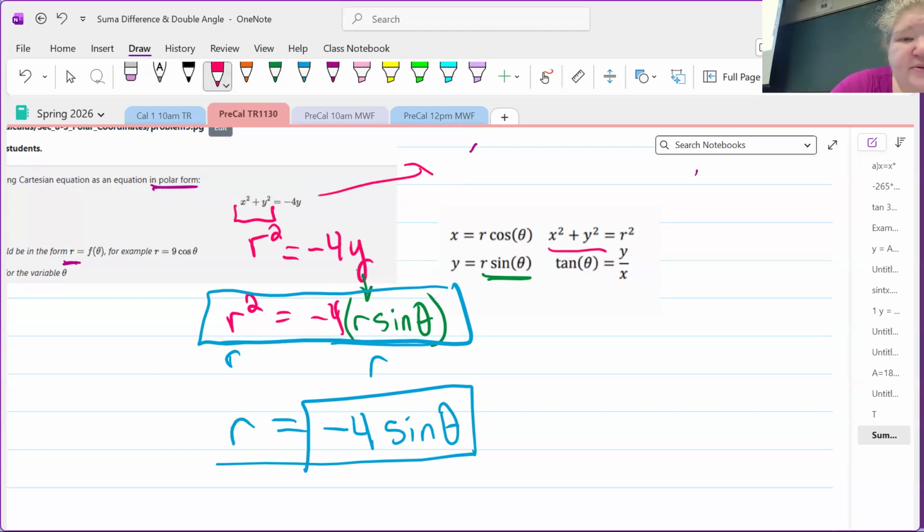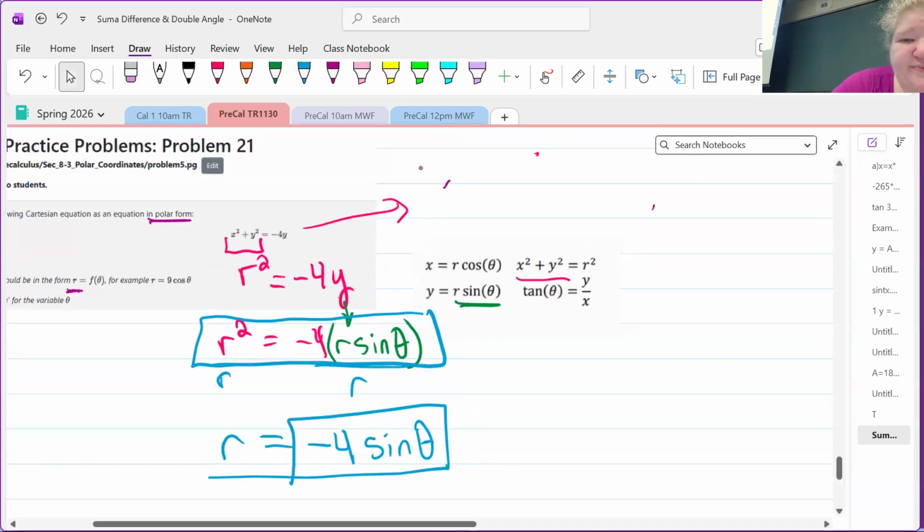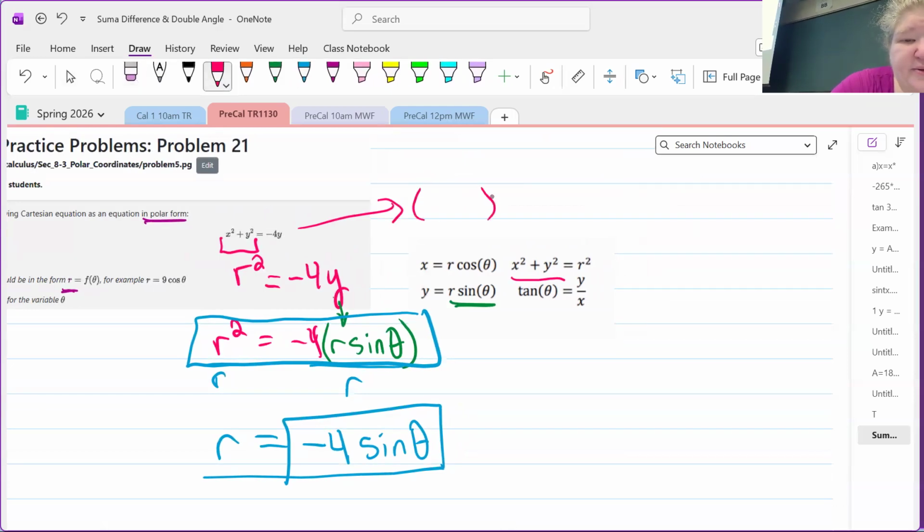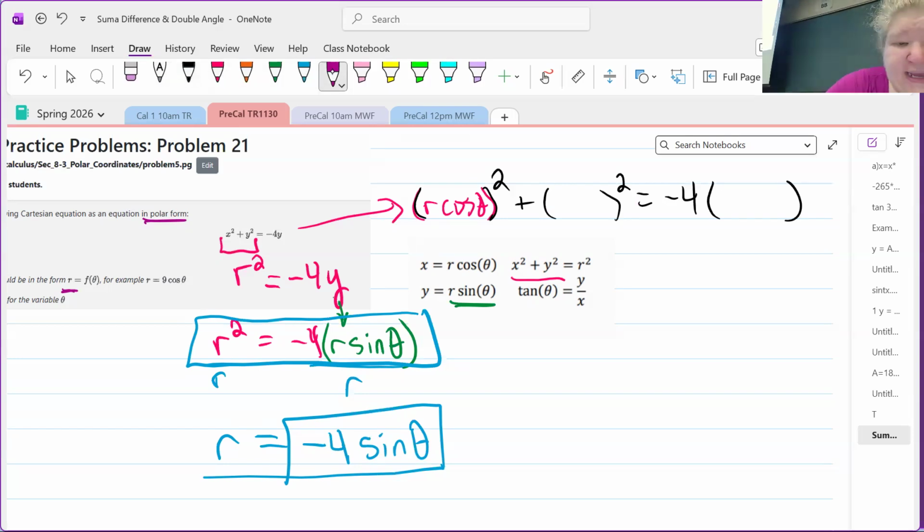Or there's an even sillier looking equation where I'm just going to substitute in for x and y. So x is r cosine theta. And y is r sine theta.